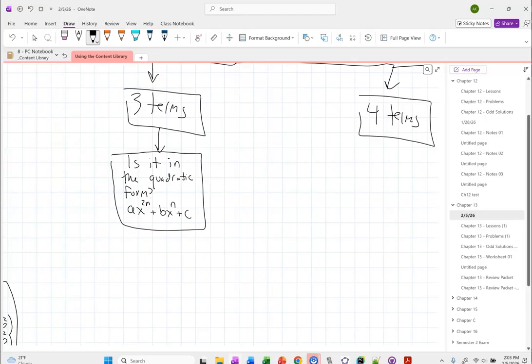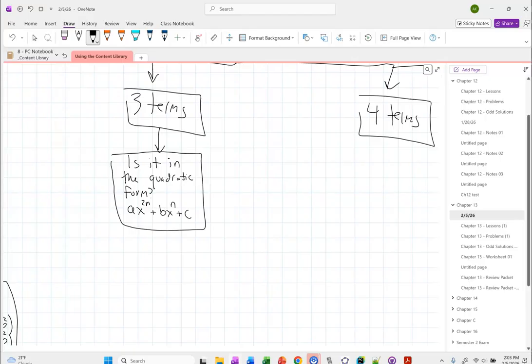So the quadratic form is like ax to the 2n plus bx to the n plus c. So something like x squared plus x to the first plus 1, that's in the quadratic form. But so is something like x to the 6th plus x to the 3rd plus 1. Is everybody okay with that? So it's not limited to just quadratics.